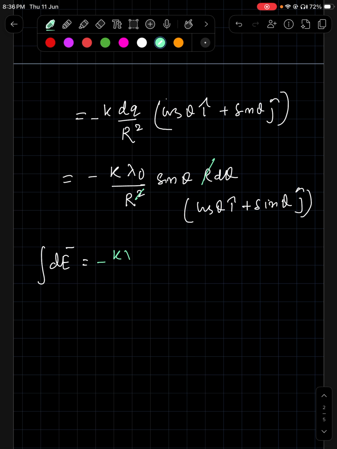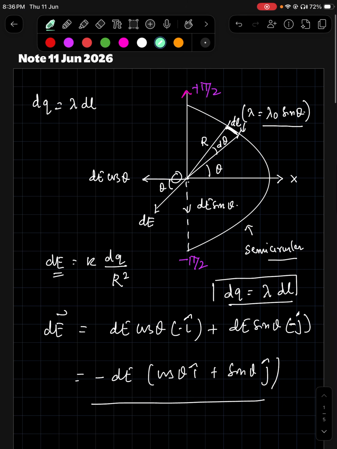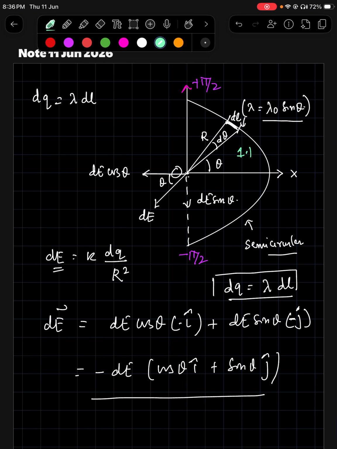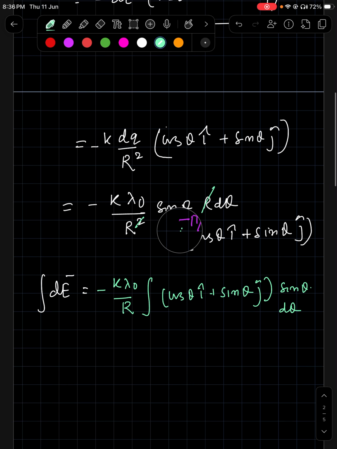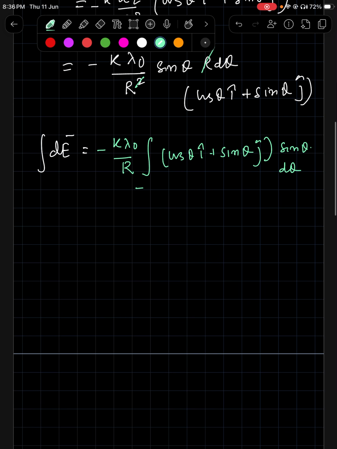So it becomes k lambda naught by r, and the integration is cos theta i cap plus sin theta j cap times sin theta d theta. And the integration limits, since it is the first quadrant and this is the fourth quadrant, theta becomes 0 along the x-axis. So the limit is minus pi by 2 to plus pi by 2.